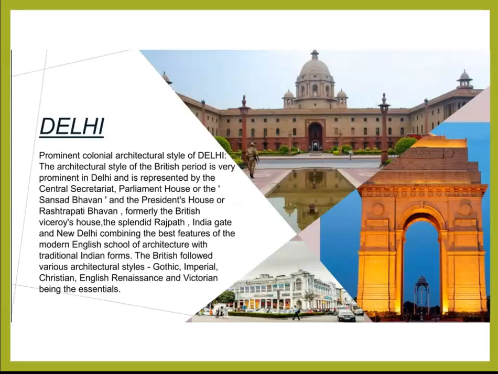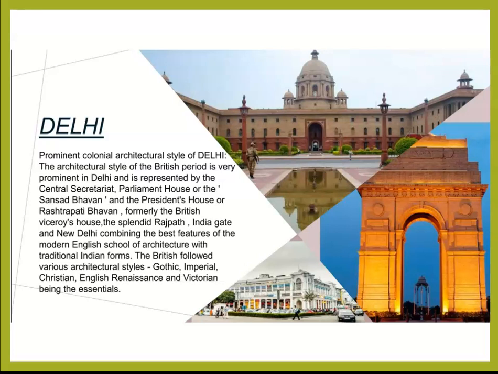The main thing we are going to see in colonial India is Delhi. Delhi is a prominent example of the colonial architectural style. The architectural style of the British period is very prominent and is seen in buildings like the Central Secretariat, the Parliament House or Sansad Bhavan, the President's House or Rashtrapati Bhavan, also known as the British Viceroy's House, and the splendid Rajpath.